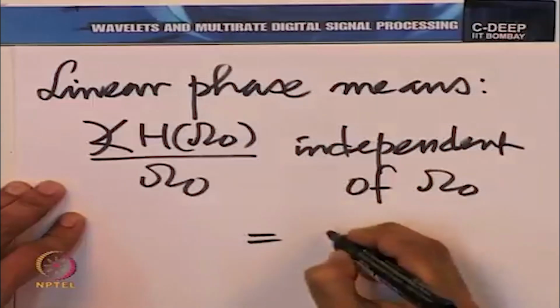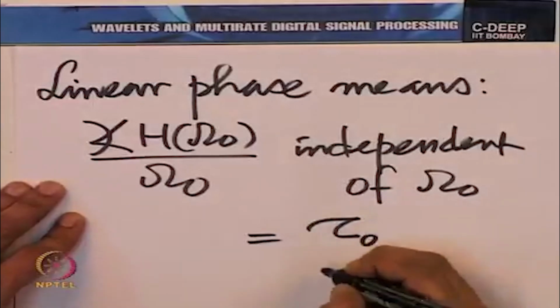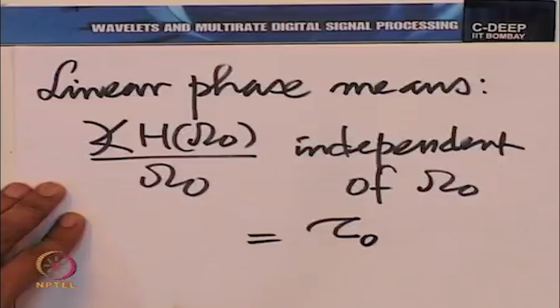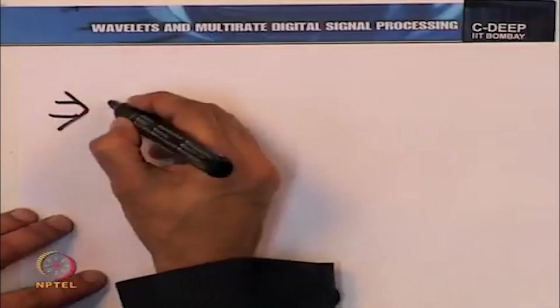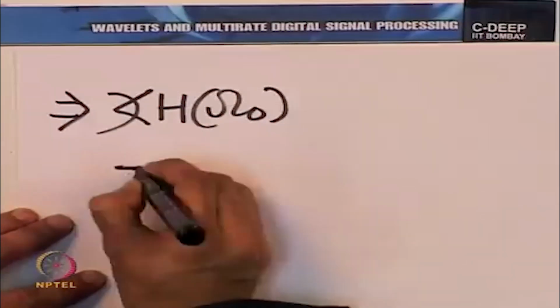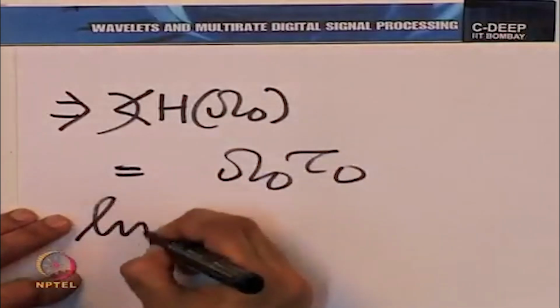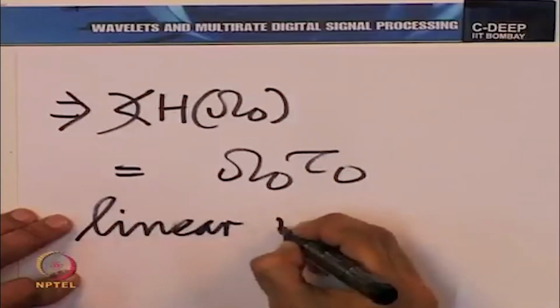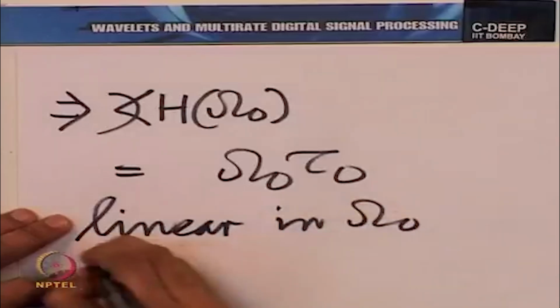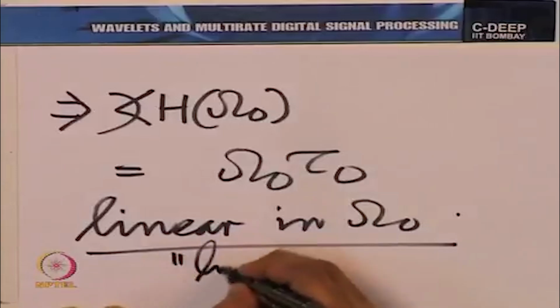That means, it is a constant. Let us say it is some τ₀, which means that the angle of H(Ω₀) is of the form Ω₀ times τ₀. It is linear in Ω₀. That is why it is called linear phase.